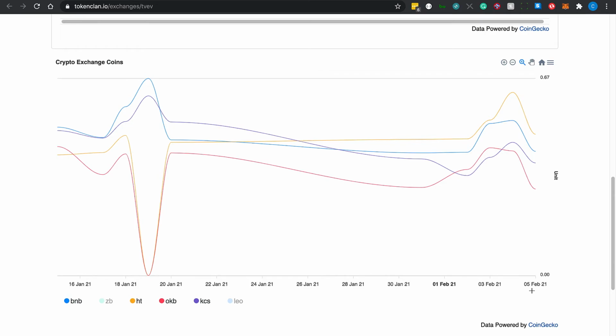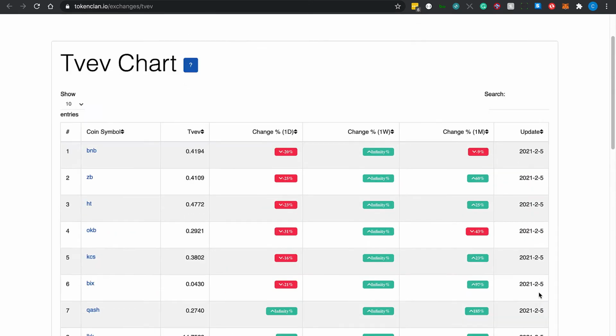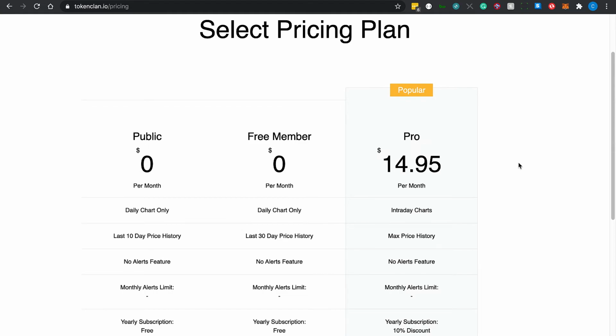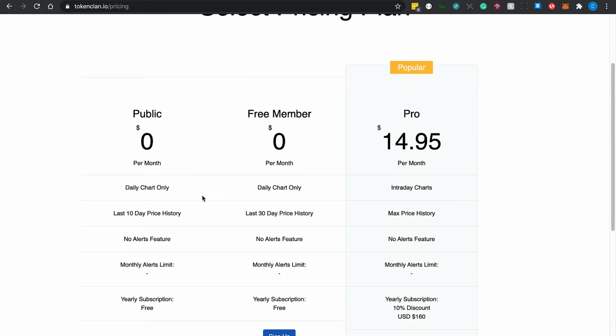So if you want to get a longer history of this data, you can sign up for a free account. So let me go to pricing. On this pricing page, you will see that for public, you only have a limited amount of data history. If you just sign up for a free account, the data will spread over 30 days. So you have 30 days of history for the TVEV ratio.